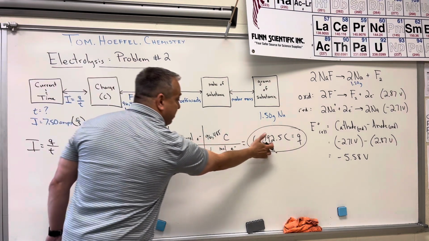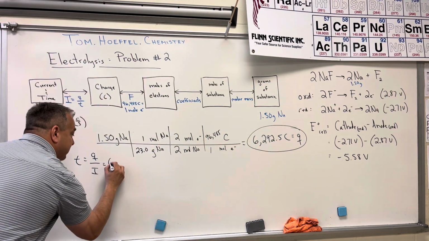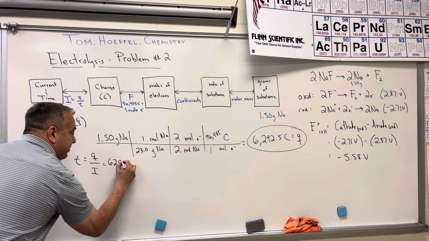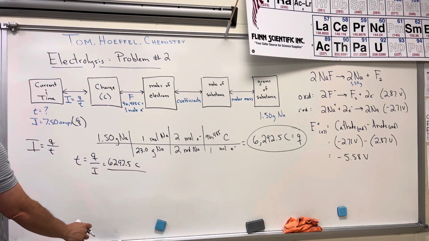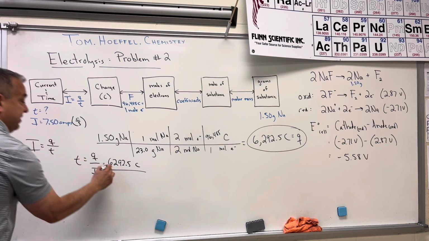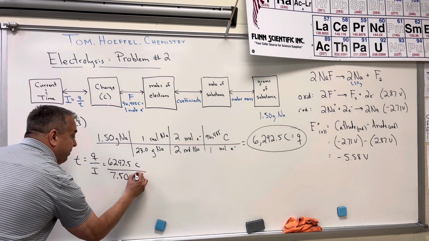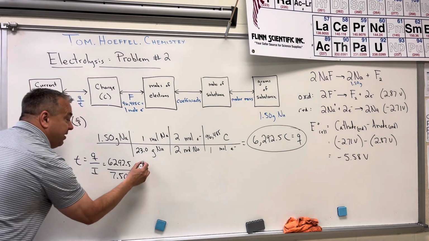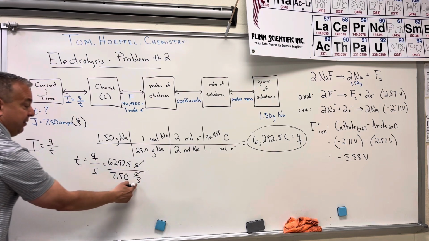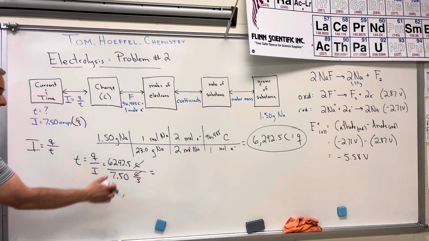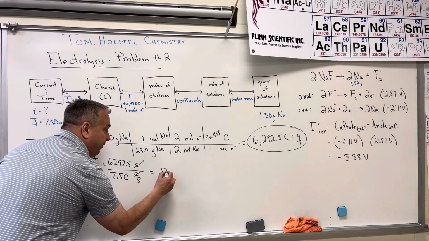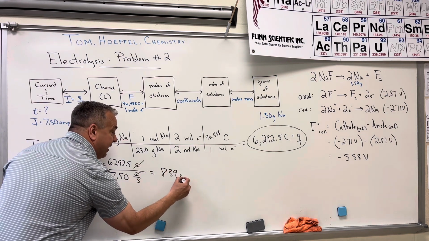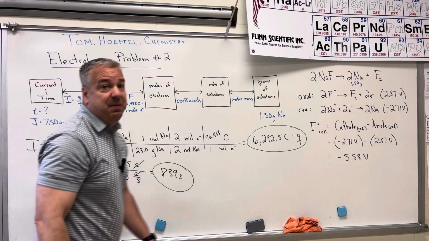The charge is 6,292.5 coulombs divided by the current, which is 7.50. Remember, that's coulombs per second. You can see where the coulombs are going to cancel out, and you're going to be left with seconds. If you divide these two numbers, you'll get the value of 839 seconds, and that's going to be our answer.